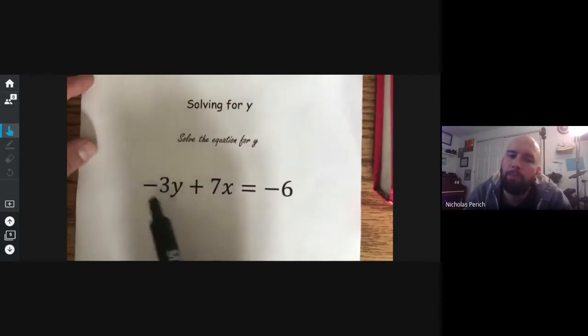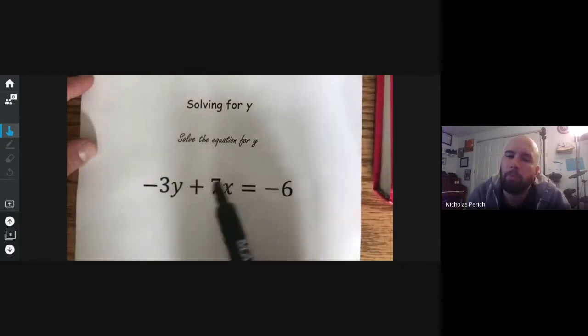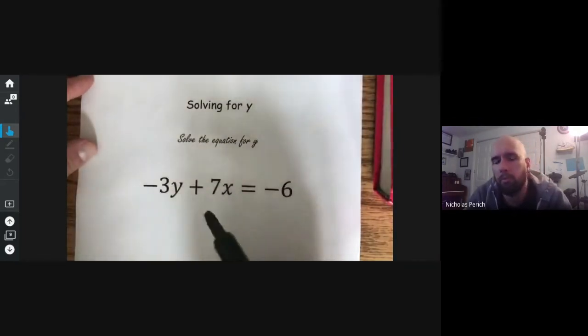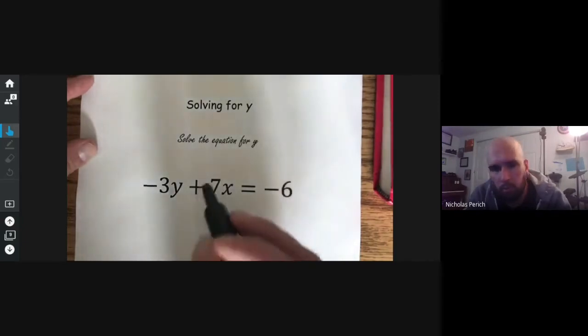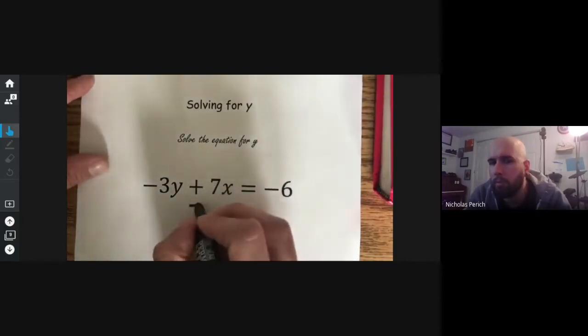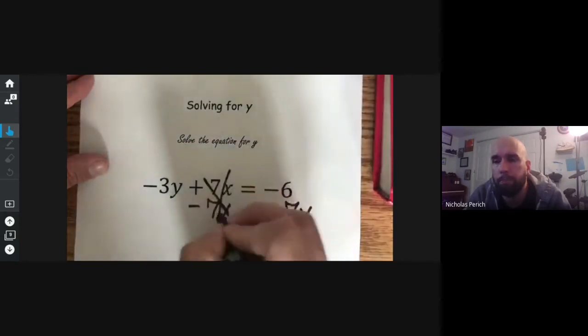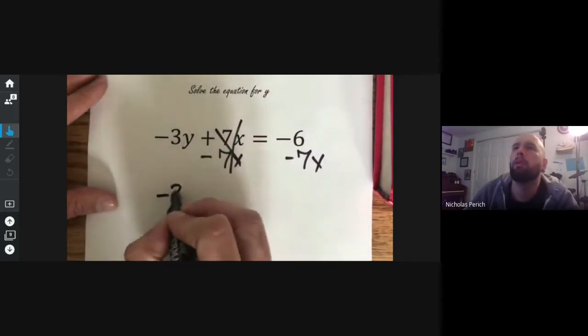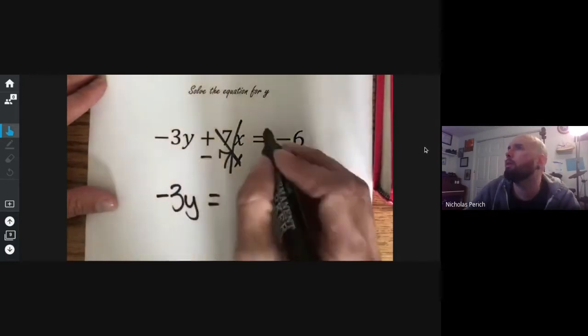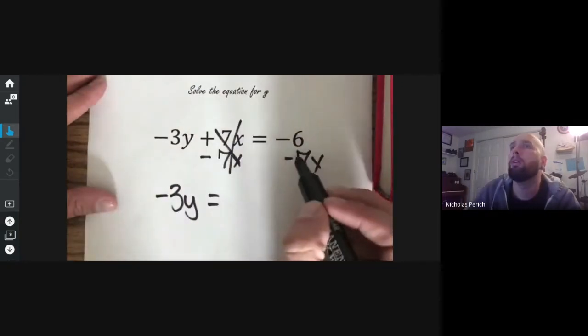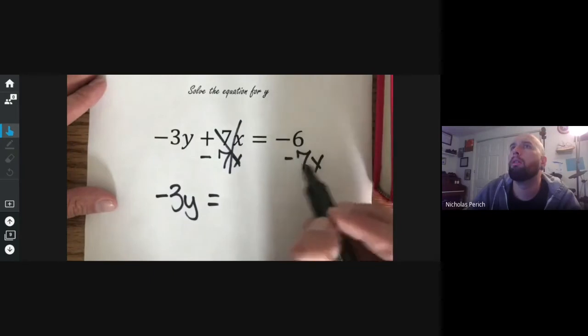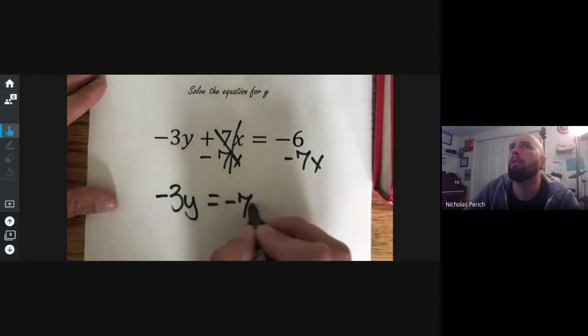Solve for y. In order to get y all by itself, you need to get rid of this -3. You need to get rid of that 7x that's floating around. Always get rid of the thing that's floating around first. So since this is a positive 7x, we're going to subtract 7x from both sides, like so. Cross out the 7x. That leaves us with -3y equals, now these two don't combine because the -6 doesn't have an x, but the -7x does.